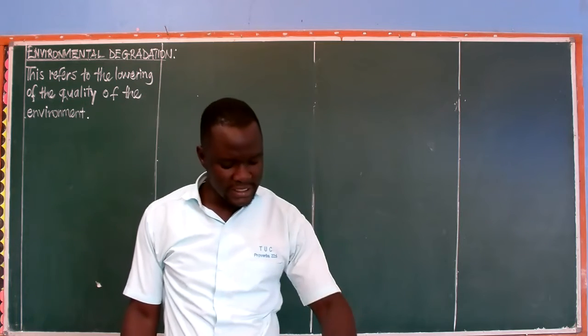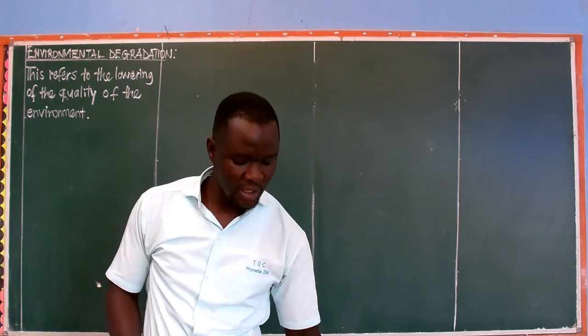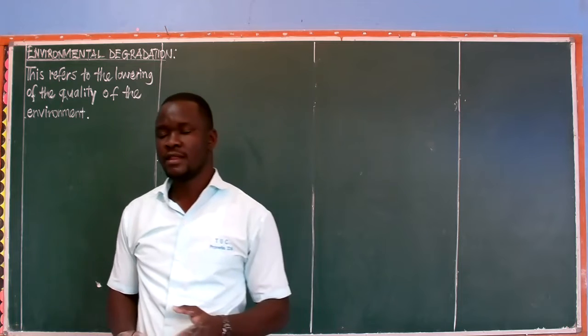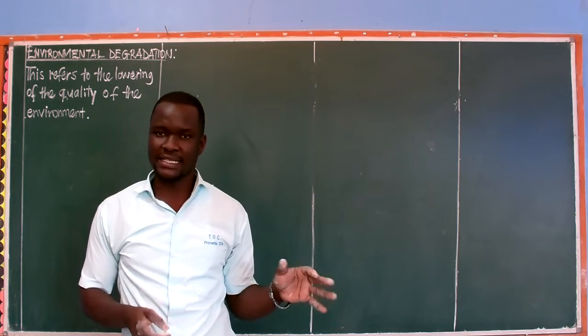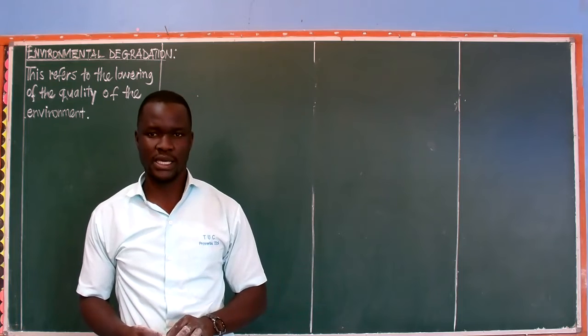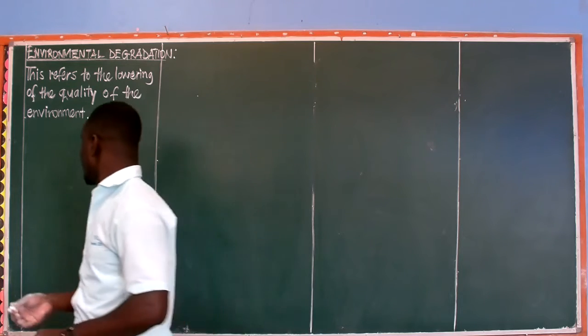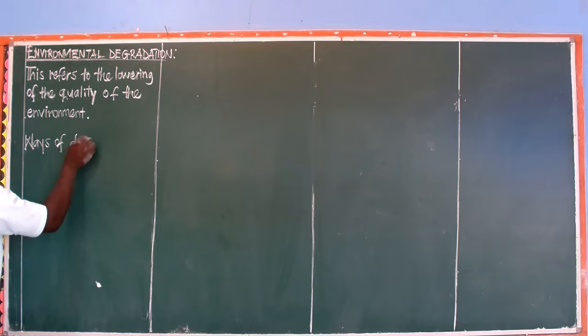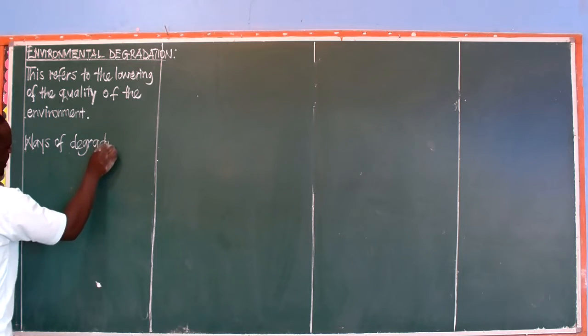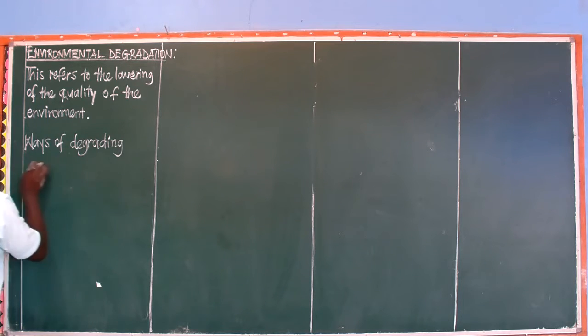Now, how is the quality of the environment lowered in an area? This directly takes us to the other negative practices that people do in the environment. Ways of degrading the environment.